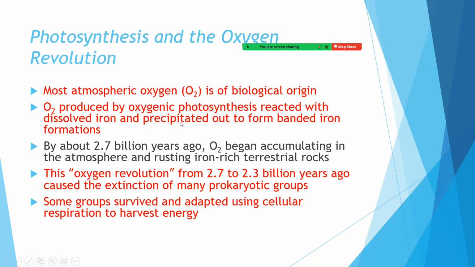About 2.7 billion years ago, oxygen began accumulating in the atmosphere because oxygen was being produced by these photosynthetic prokaryotic cells.